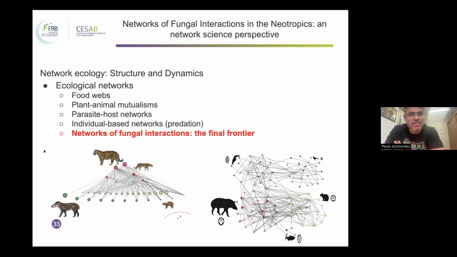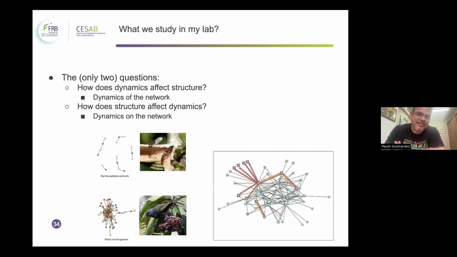Some individual predation has been particularly well studied at the individual level. But if you go to the literature, there is a missing component, which would be, I don't know if the final frontier, but at least the next frontier, the networks of fungal interactions.